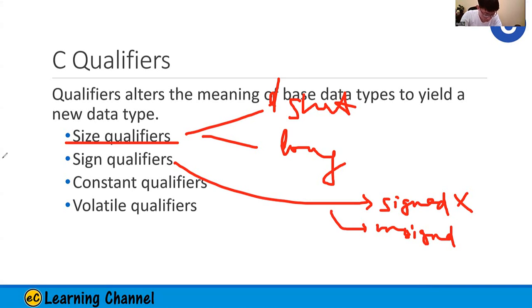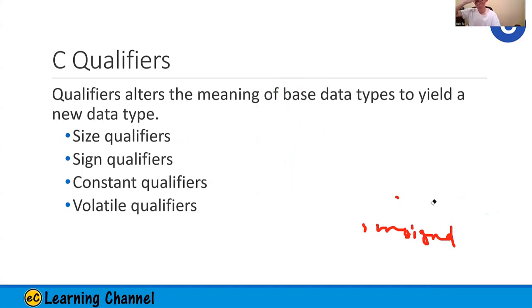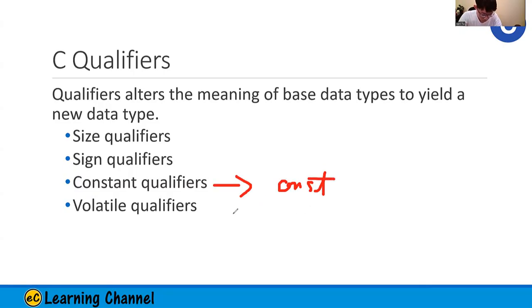Then you have constant qualifier. Constant means you don't change the data. It's not final here; it's called constant. CONST, okay, constant variable. And then you have volatile variable. Volatile variable is new in C language, okay.